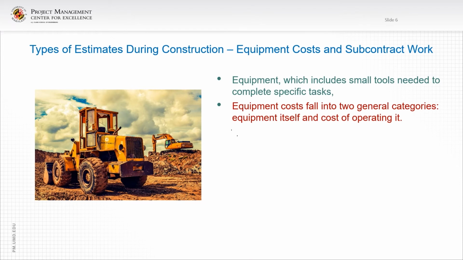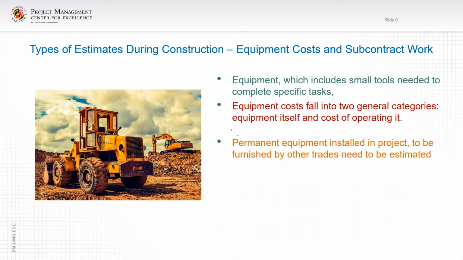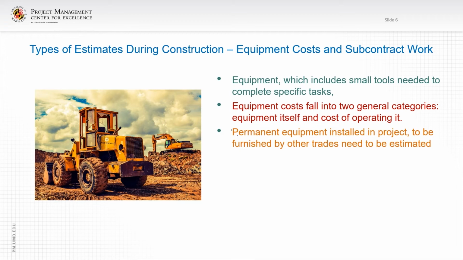Equipment costs fall into two general categories: the equipment itself and the cost of operating it. Permanent equipment installed in the project to be furnished by other trades need to be estimated as well.